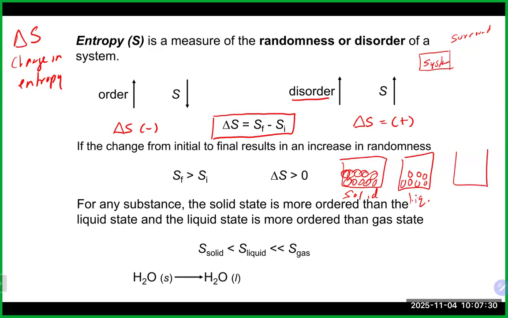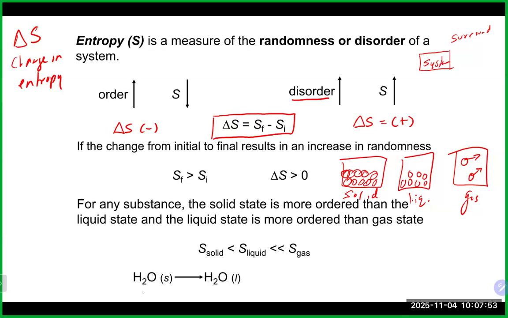And lastly, in the gas state, there is pretty much no order. We got all these things flying around and moving around with a lot of energy. That's going to create a lot of disorder, and it would have our greatest amount of entropy in gas. So gas is definitely more entropy, more disorder than you would see in solid.